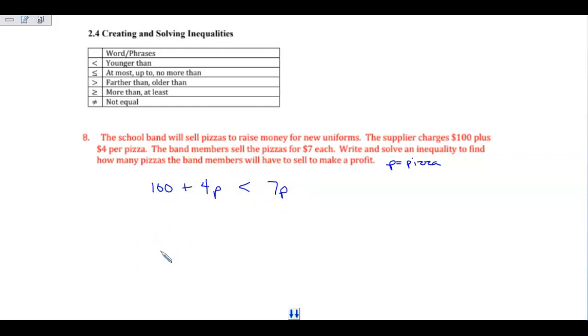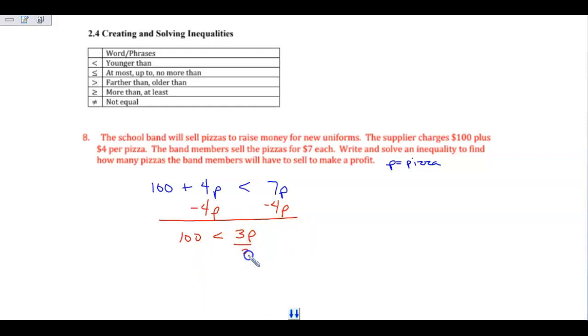Now I'm ready to start solving. I don't have to move the 100 over if I move this 4p. So that's what I'm going to do first. So I'm going to subtract 4p from both sides. And then that leaves me with 100 is less than 3p.